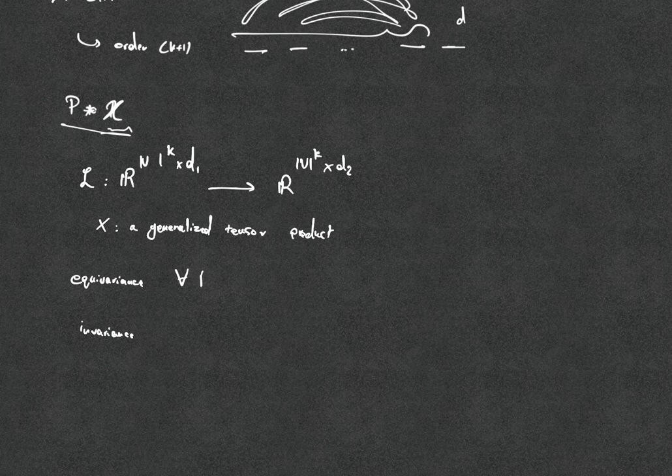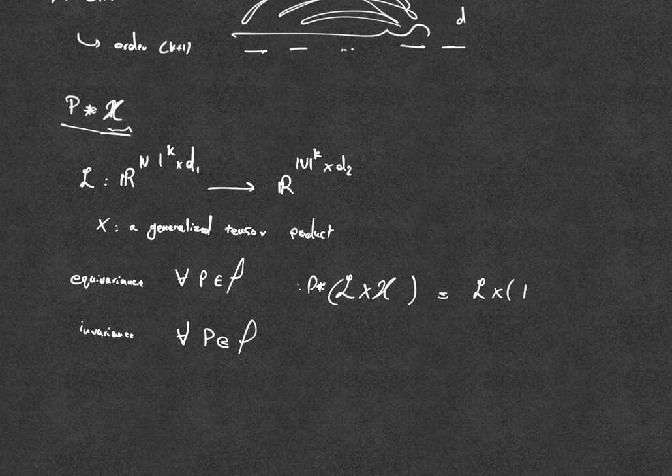So again, you have to work with permutations, and these constraints should hold for any permutation sampled. Now for equivariance, if you apply this linear operator on your data and then permute it, this is the same as applying this operator on the permuted version of the data. Now this is equivariance.